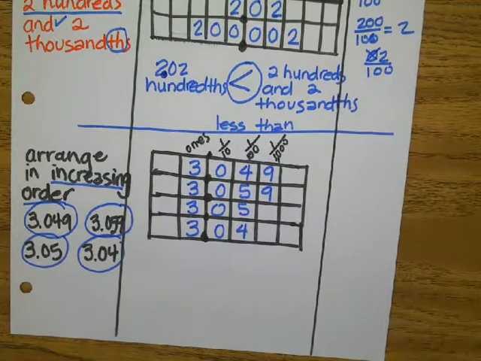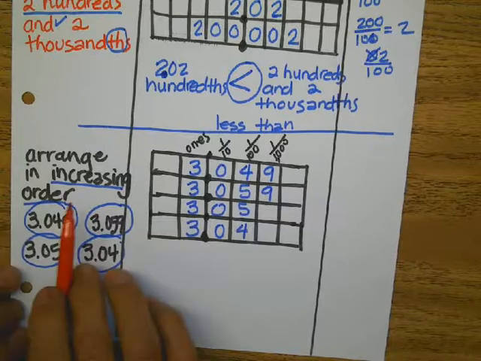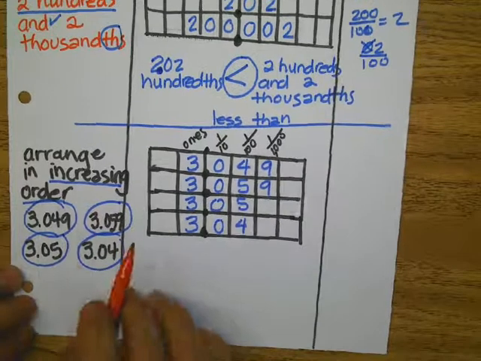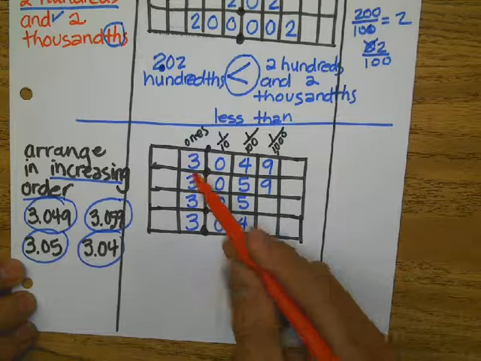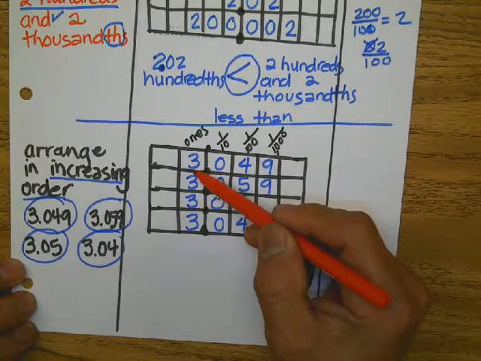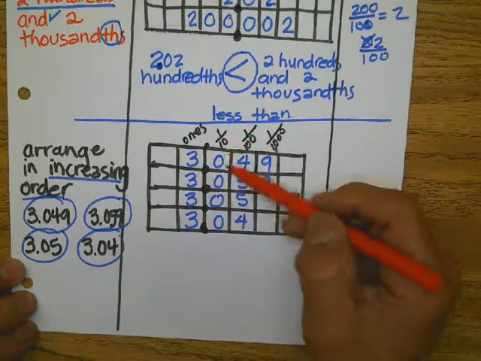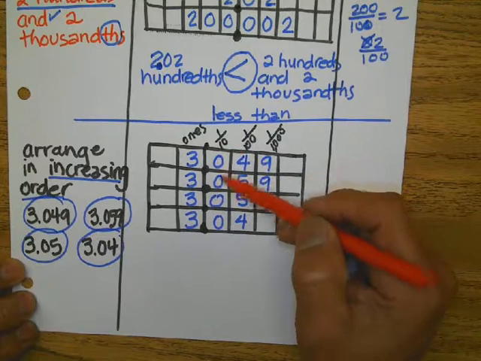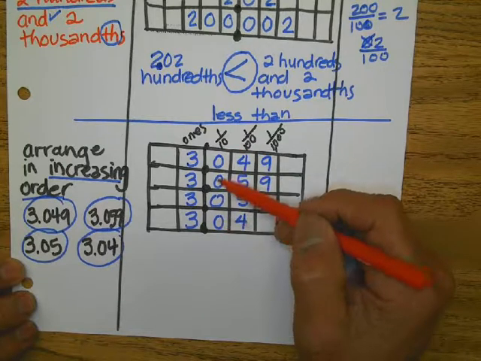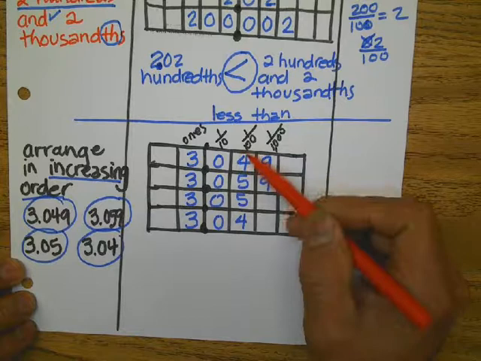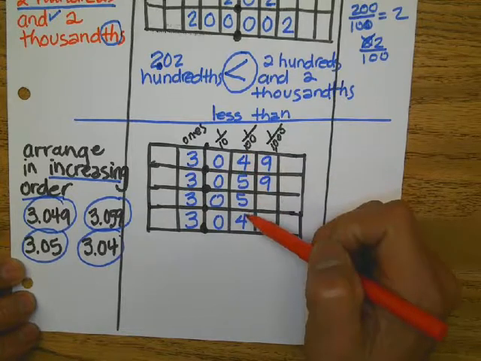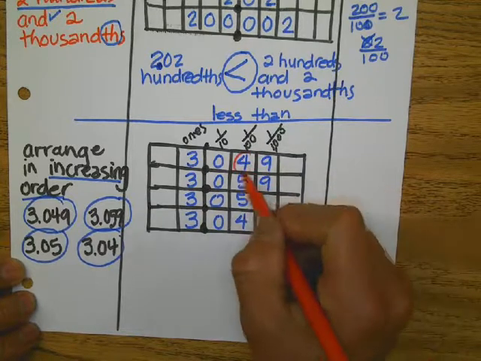All we got to do now is identify the one that is the smallest, because we're going to write from the increasing, going up.